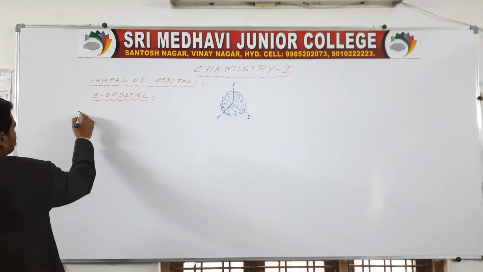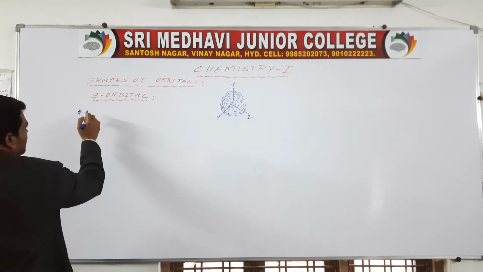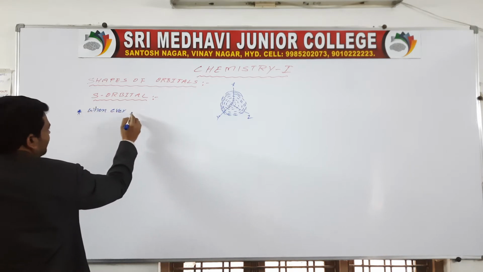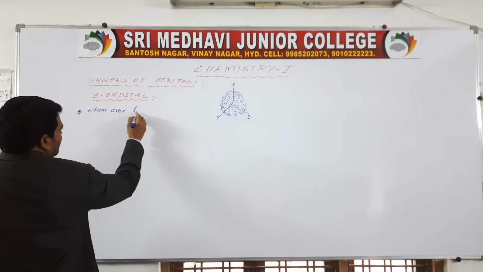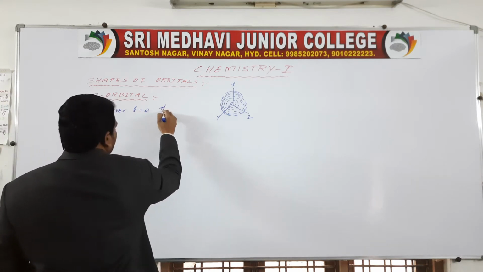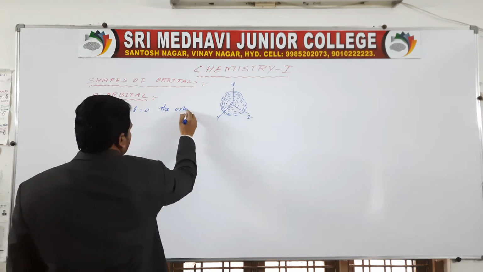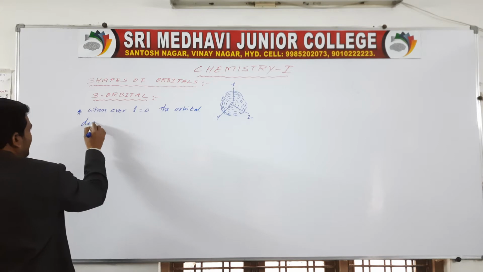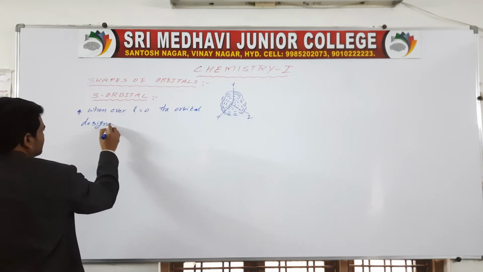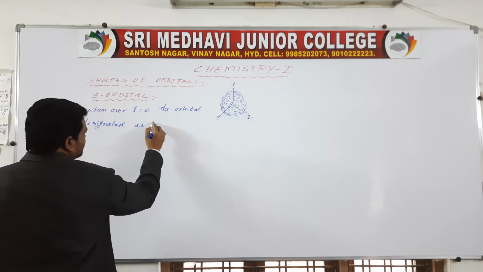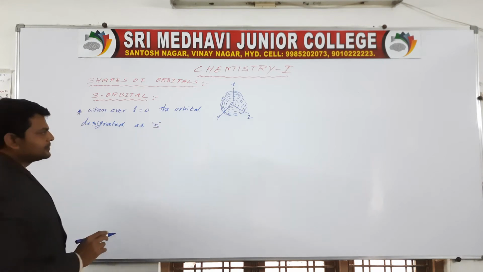Whenever L is equal to 0, the orbital is designated as s orbital.